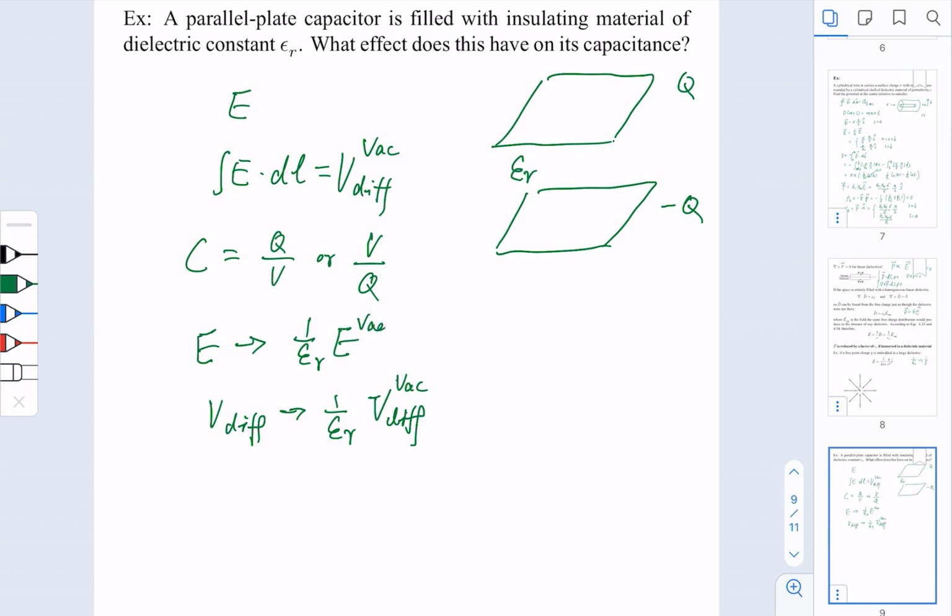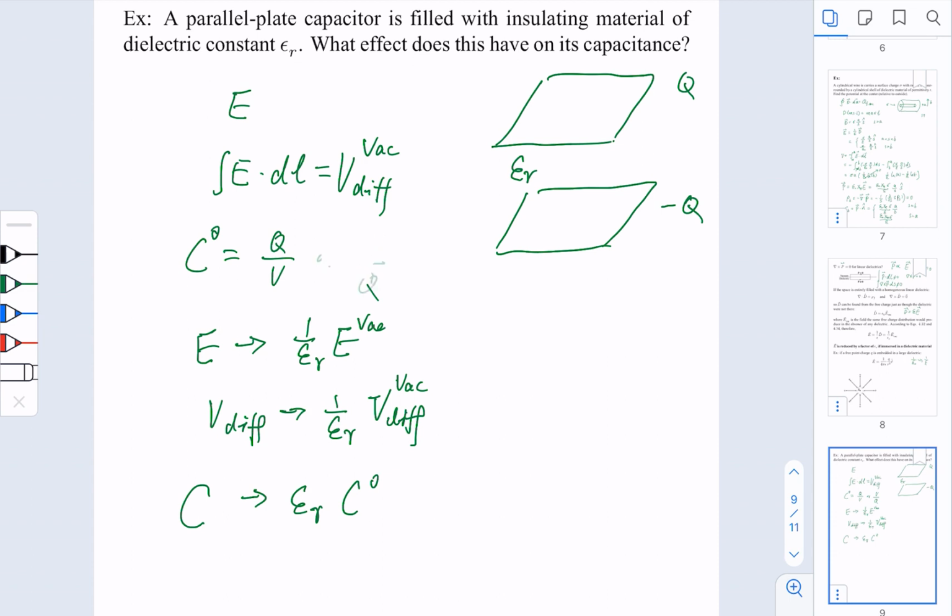Then the capacity will also pick up a factor of epsilon r times vacuum. So common sense tells us that a capacitor's capacitance should increase if you put material inside.